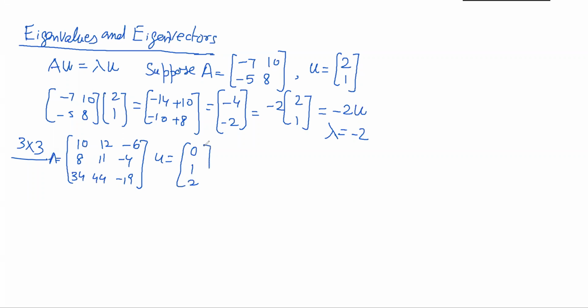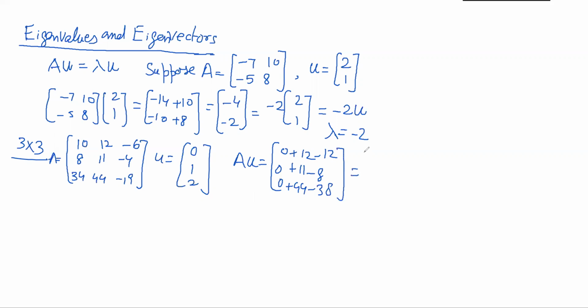If we want to verify that U is an eigenvector, we again multiply. So AU will be 10 times 0 is 0, 12 times 1 is 12, minus 6 times 2 is minus 12. 8 times 0 is 0, 11 times 1 is 11, and minus 4 times 2 is minus 8. And 34 times 0 is 0, 44 times 1 is 44, minus 19 times 2 is minus 38.